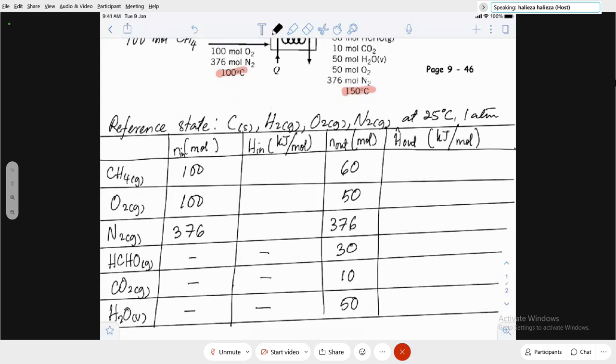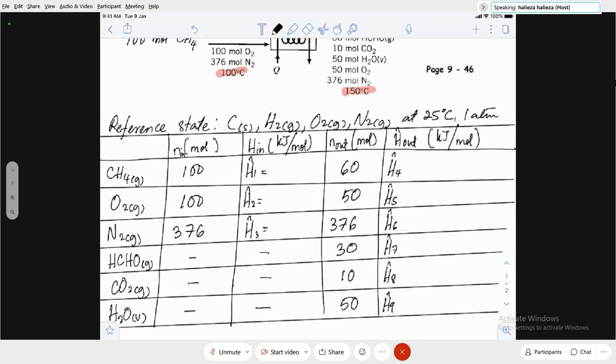So write down the enthalpies: H1, H2, H3, H4, 5, 6, 7, 8, and lastly 9. Okay. That's a lot of calculation that we have to do.